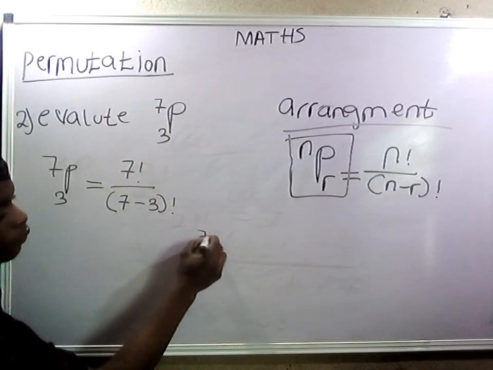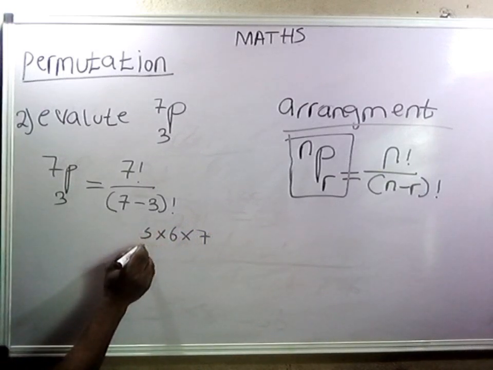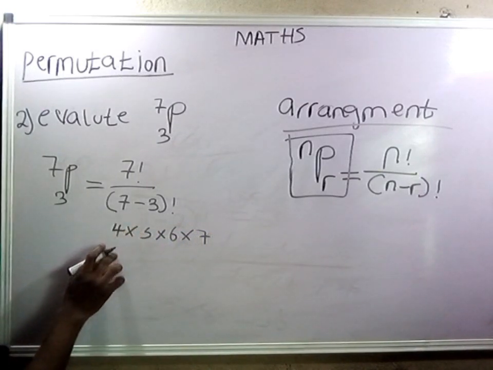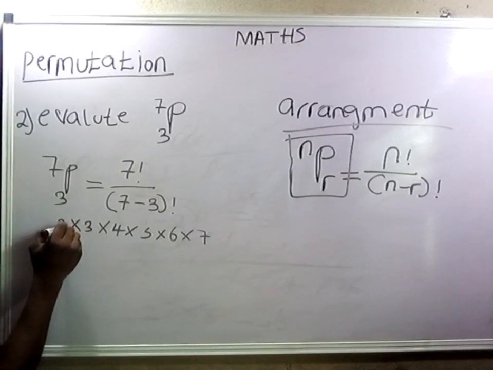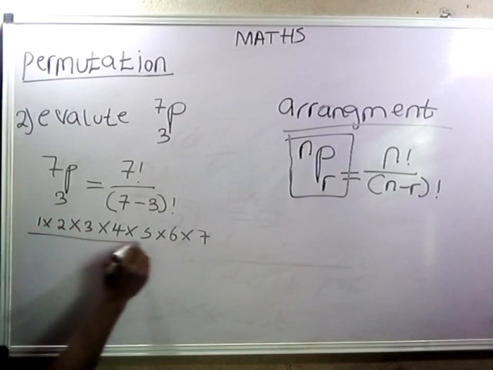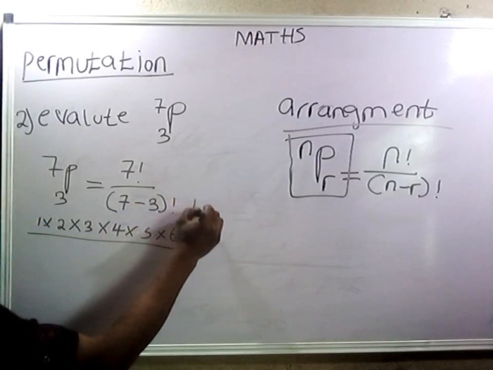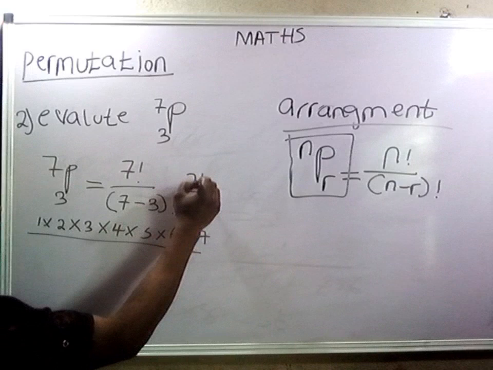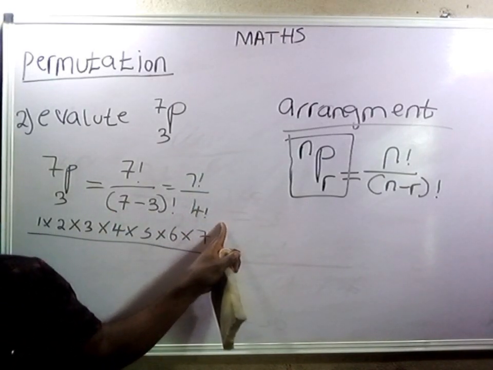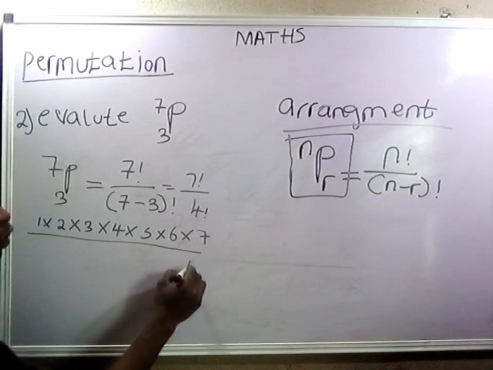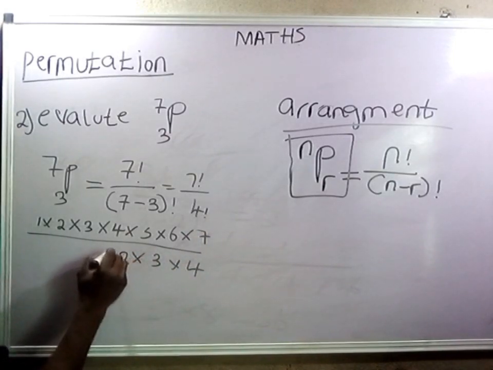So 7 times 6 times 5 times 4 times 3 times 2 times 1, over 7 minus 3, which is 4, so we have 4 factorial here. 4 factorial means 4 times 3 times 2 times 1.